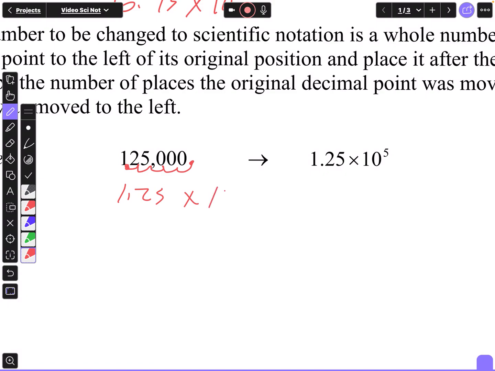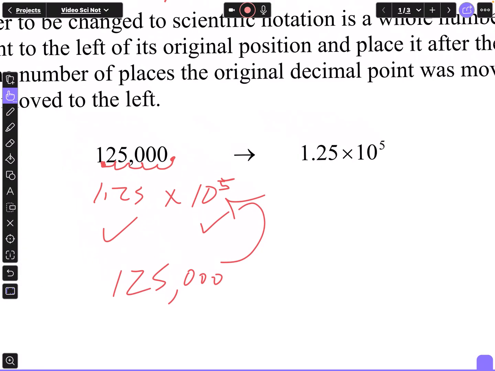And then that would be times 10 to the, move to the left 5 places, so it'd be positive 5. Like I said, if you punch in your calculator this number 1.25 times 10 raised to the 5th, it would give you 125,000, because those are the same numbers. Same thing, just a different way of writing those.